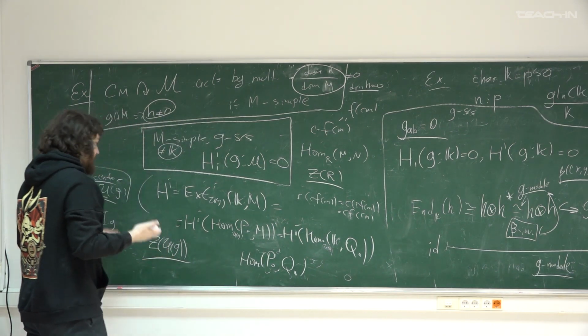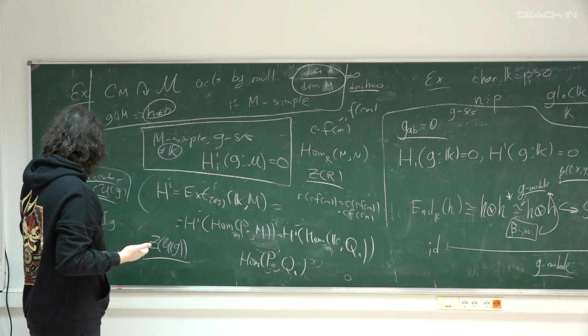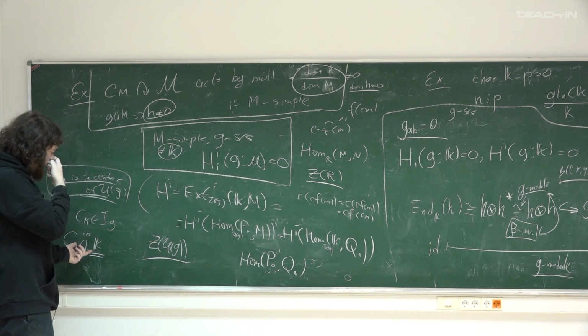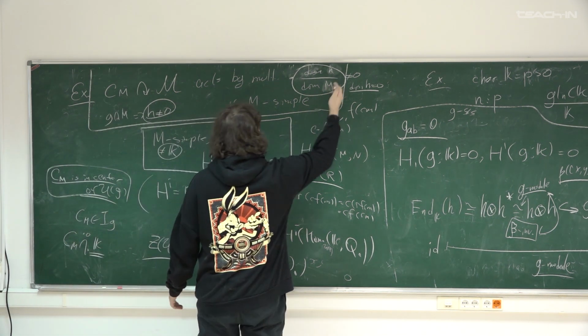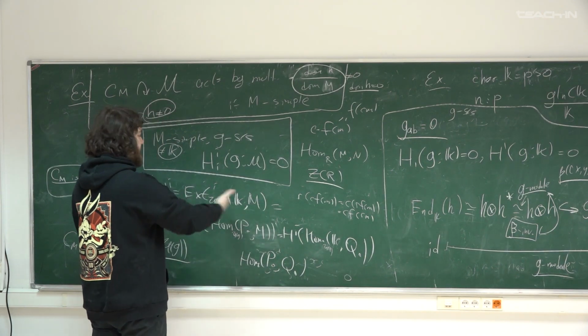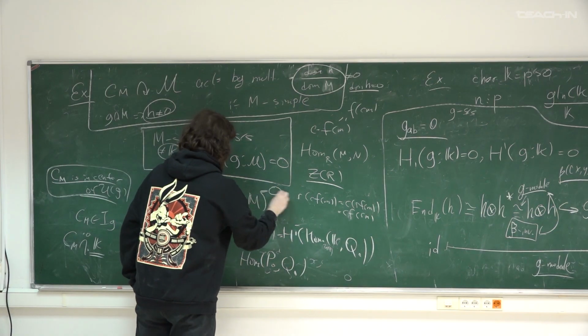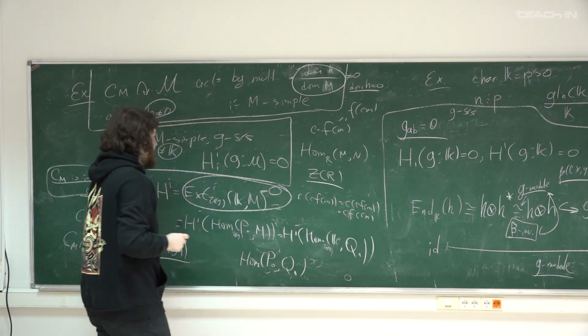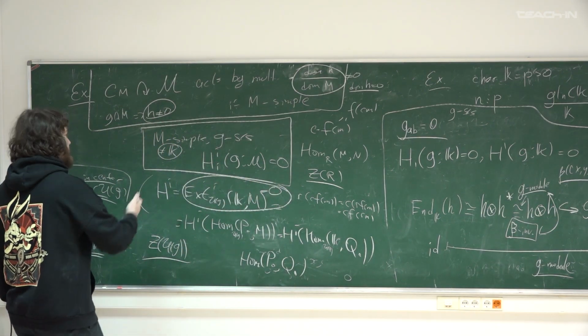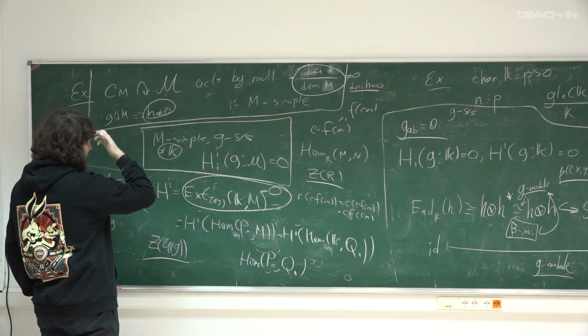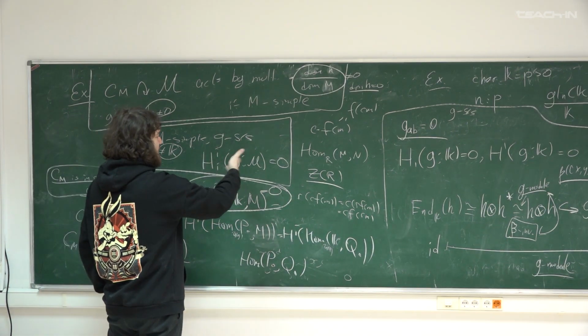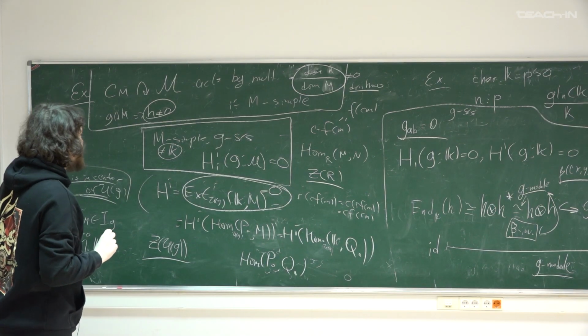So we obtain that my Casimir element acts by 0 and acts by a non-zero element at the same time on the same module, or the same vector space. This means that this vector space is 0 itself. It only happens when my vector space is 0. It is important, of course, that M is not trivial, because if M is trivial, then we know that first homology is the abelianization, so it's not 0.